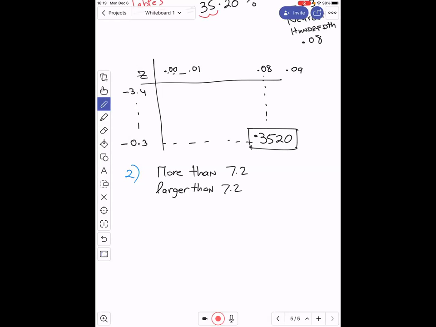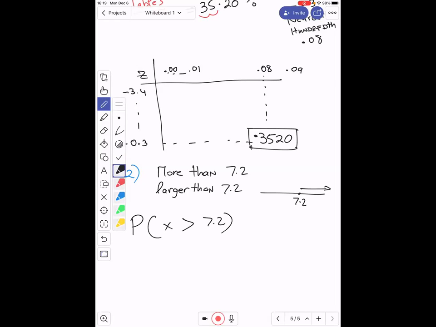On the number line, larger than 7.2 or more than 7.2 is the right side of 7.2, the area to the right of 7.2. So we need the probability that x is larger than 7.2.